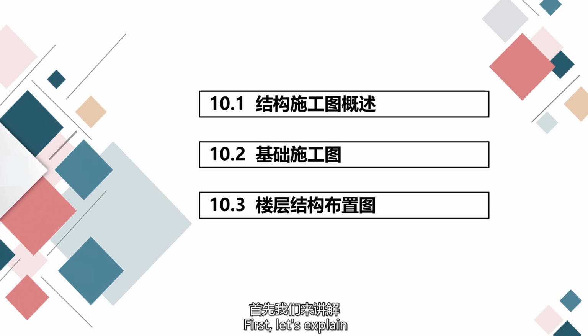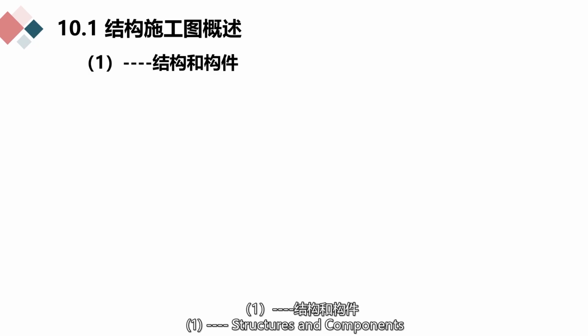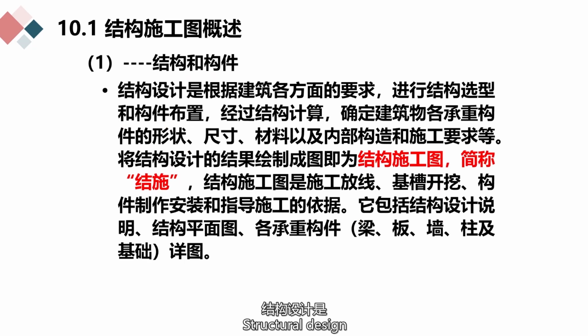First, let's explain the overview of structural construction drawings. 1. Structures and components. Structural design is based on the various requirements of the building, selecting structural types, and arranging structural components.